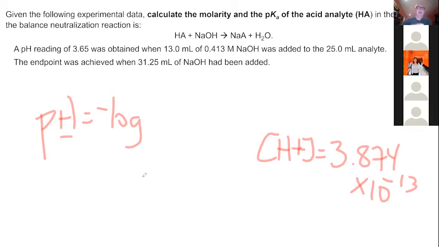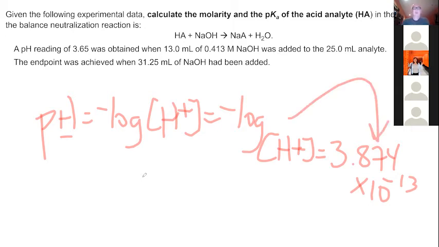Yeah, H plus. So that's equal to minus log of that very small number. So that should be like 12 point something. 12.4.